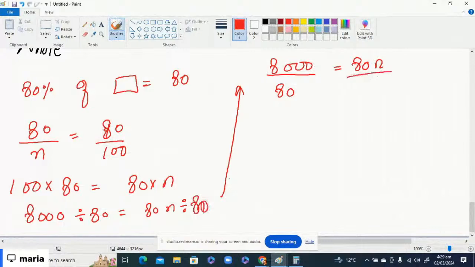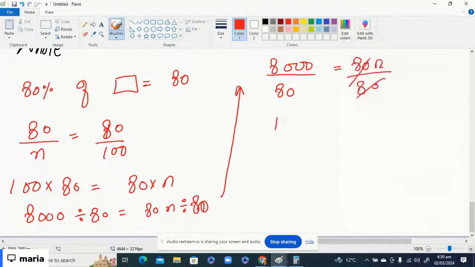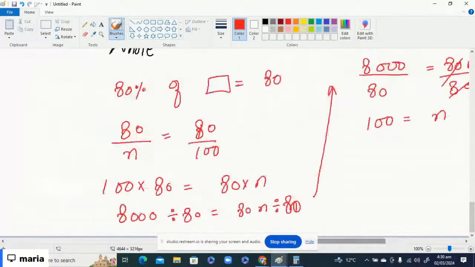So 80n over 80, this should be cancelled. Now divide 8000 over 80, this is 100. Okay, so your n is 100. It means that 80% of 100, which is answer 80.